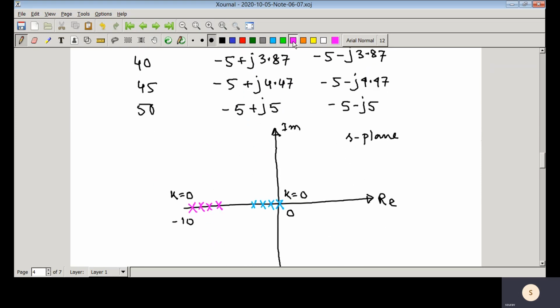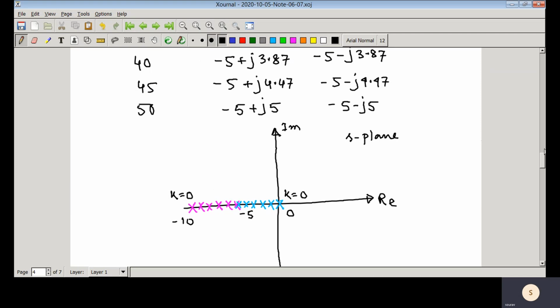So both the poles are coming together, and this particular value is minus 5.